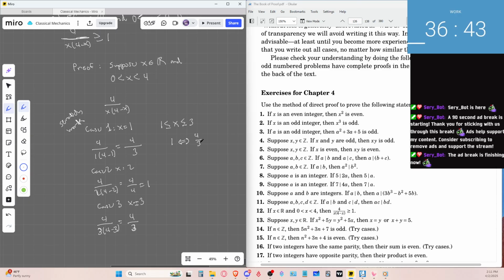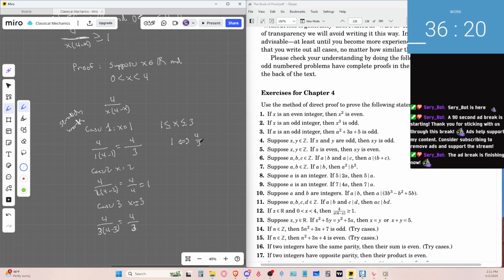The closer it gets to 0, it basically blows up. And I think with 4 it's probably going to be the same. Like the closer it gets to 4, it will eventually, let's see.